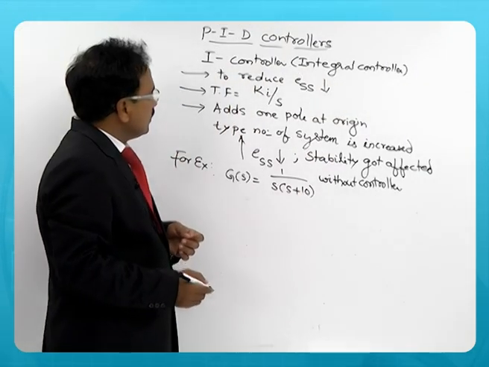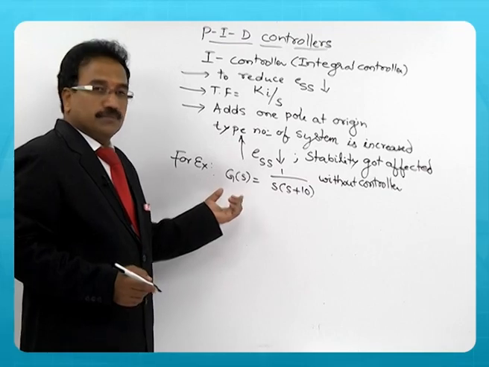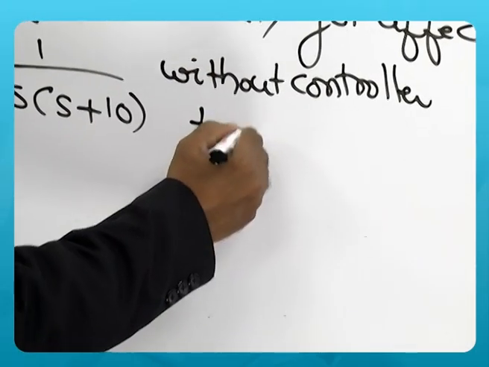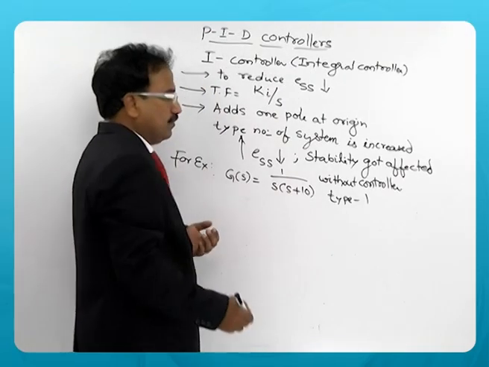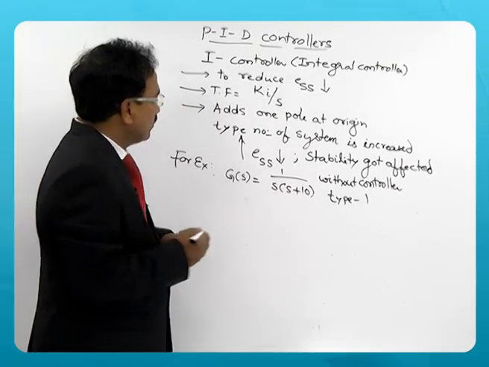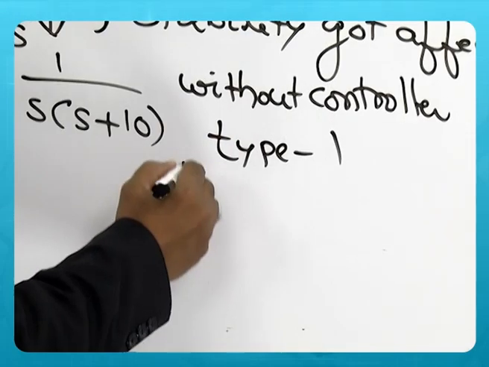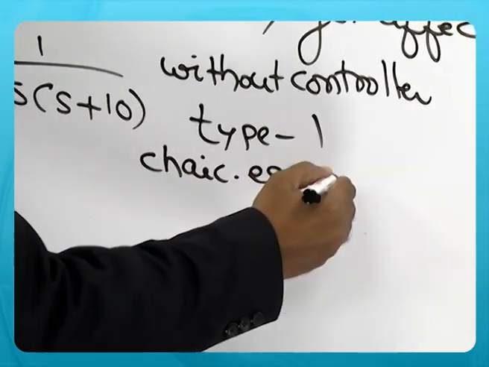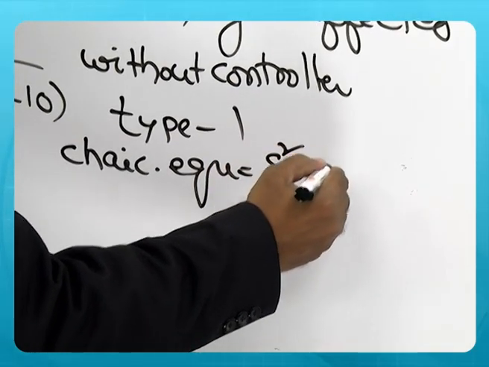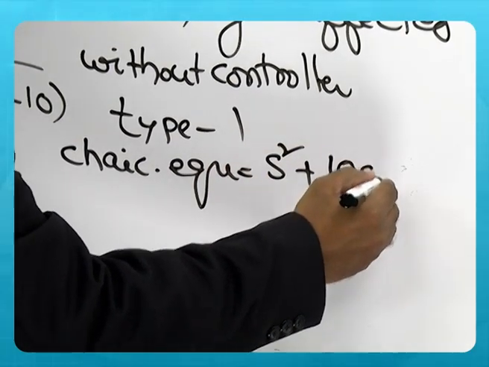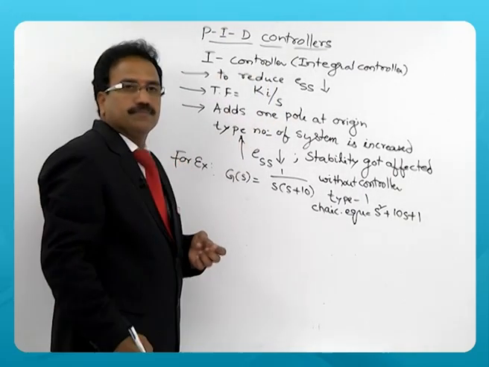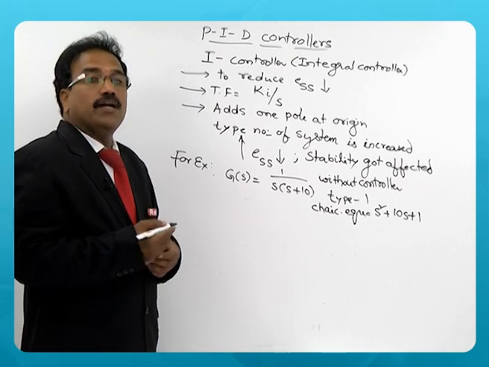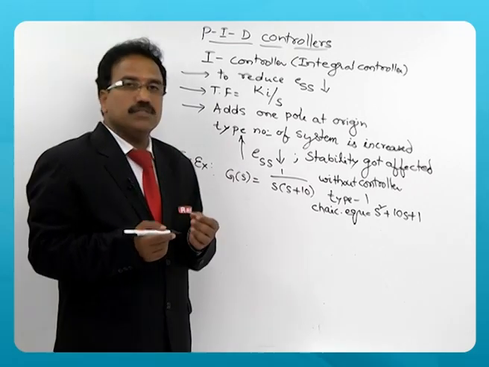As it is, when you look at the function without controller, the type number of the system is 1, and the characteristic equation is s square plus 10s plus 1.